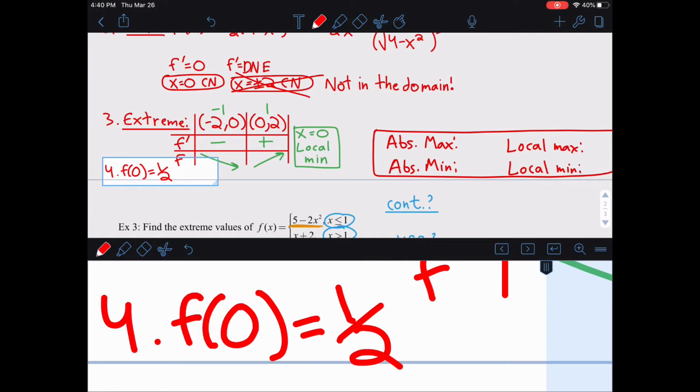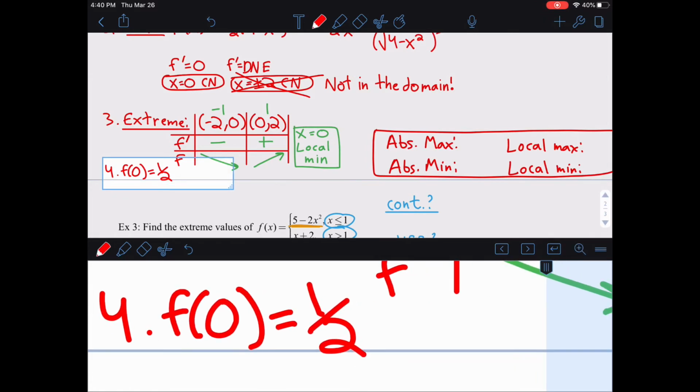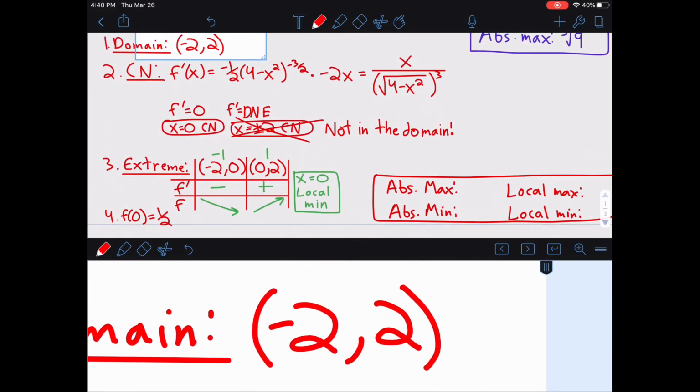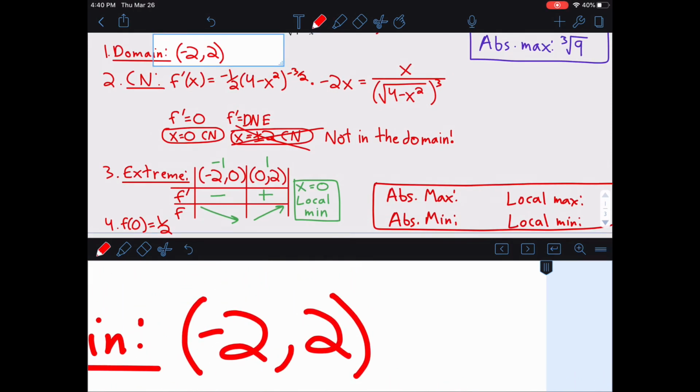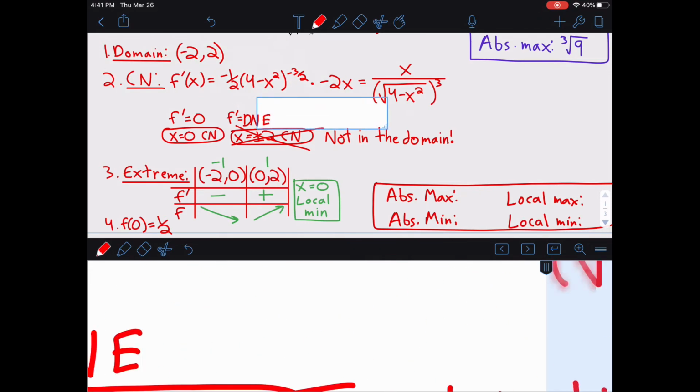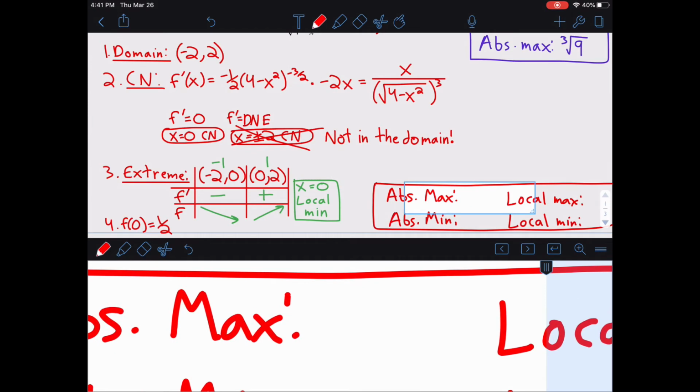Okay, so what do we got going on here, right? This one's a little bit weird, because we don't have an endpoint that we start with or end with. So what that means is this graph either has open circles at the ends or it has vertical asymptotes and there's arrows going up forever. Either way, what I do know is that there is definitely not going to be an absolute maximum.